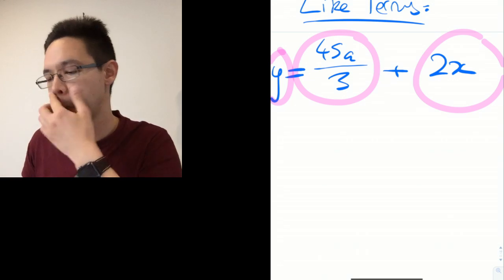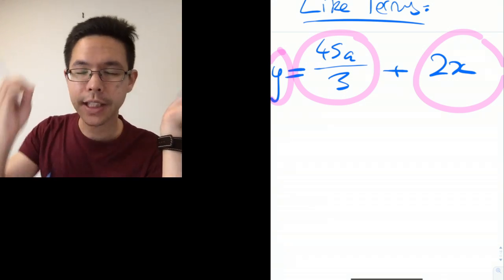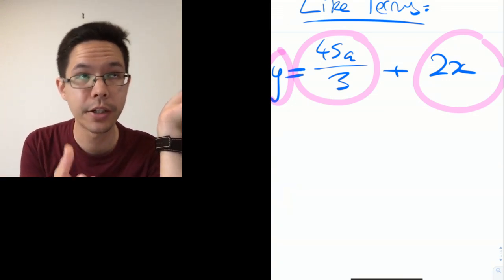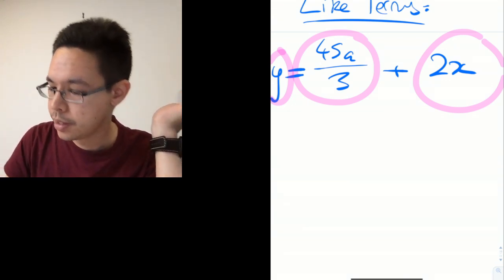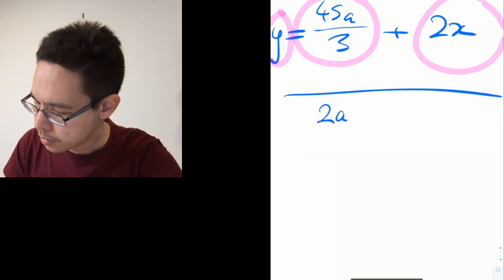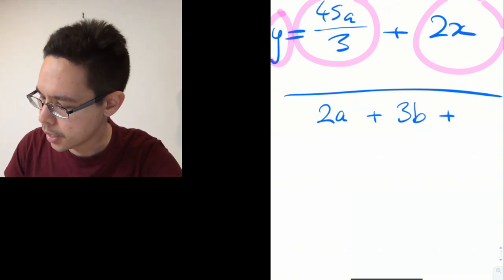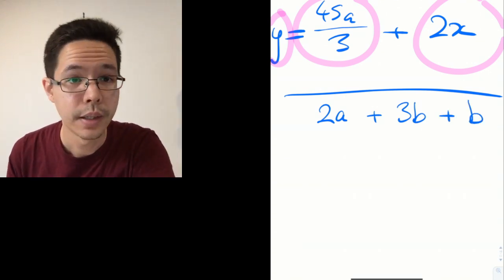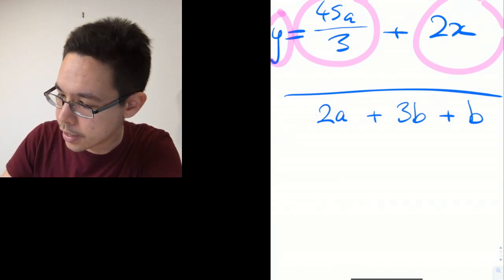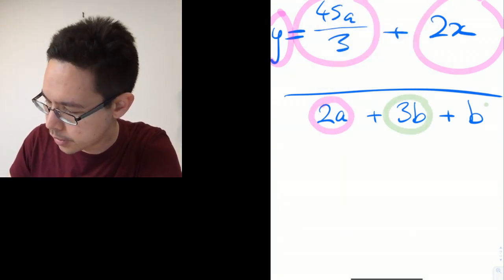So terms are only alike if they have exactly the same letter combination. Letters meaning pronumerals. For example, 2a plus 3b plus b. Now, 2a is a completely different person to 3b and b.